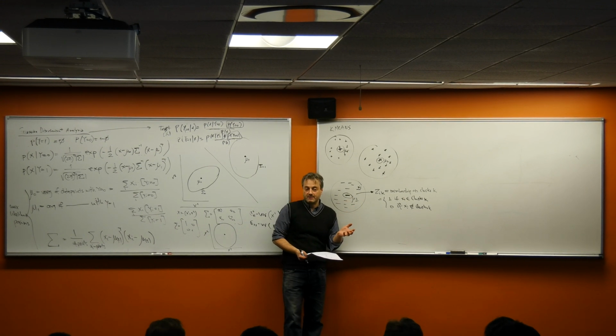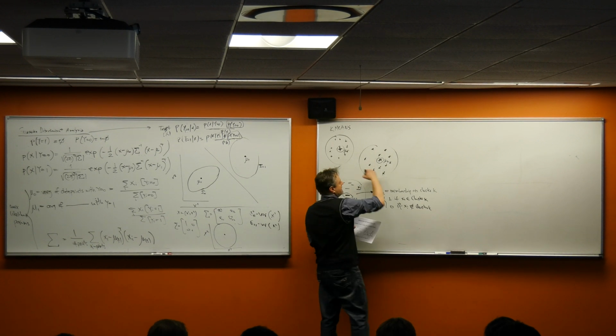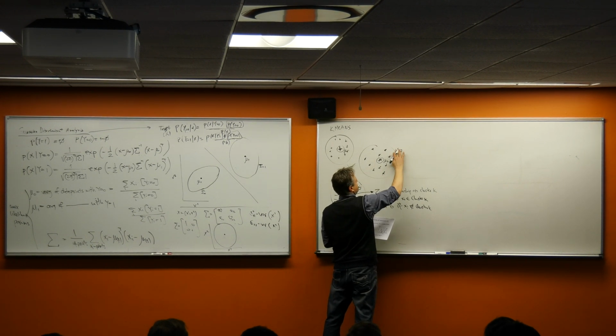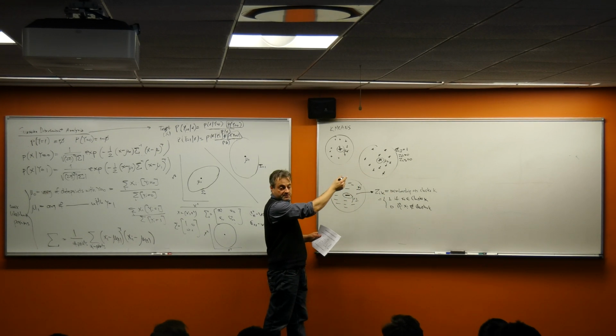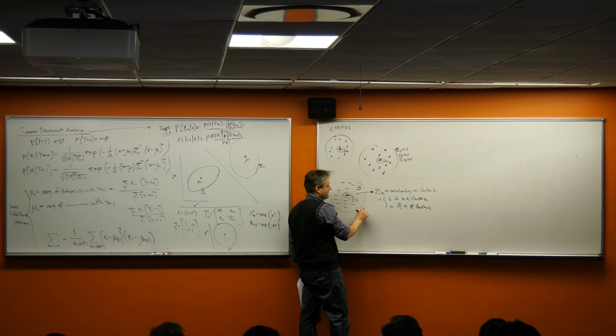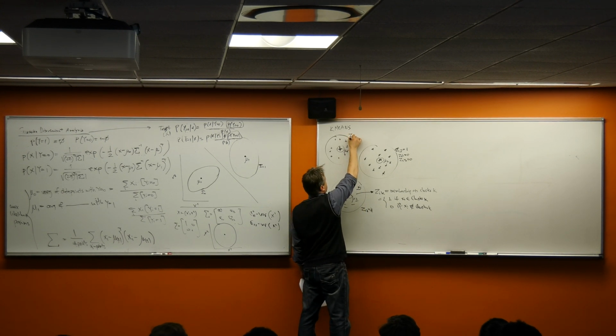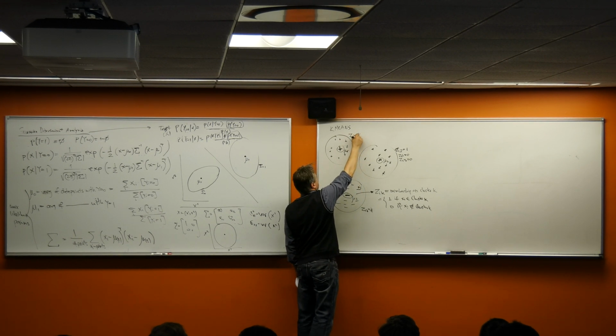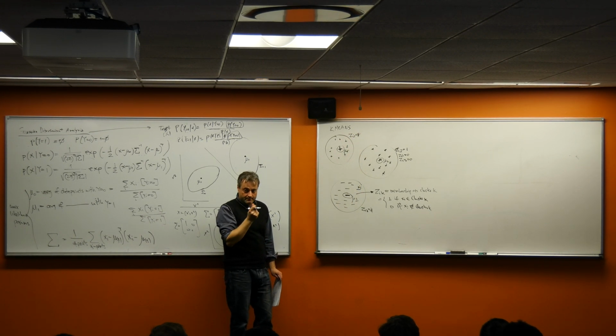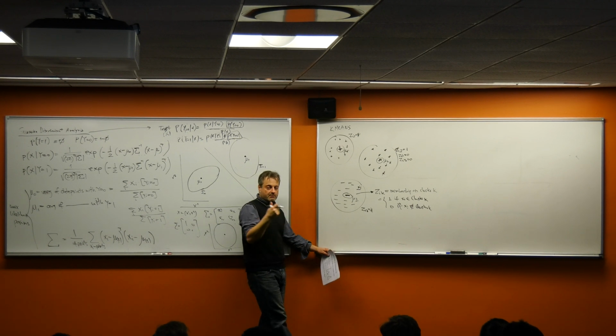Those are called membership variables. All these xi here will have zi2 equal 1, zi1 equals 0, zi3 equals 0, because all these belong to the second cluster. Everybody here is going to have zi3 equal 1, and everybody here is going to have zi1 equal 1. So zik is the membership of data point i in cluster k. It's 1 only for the k that the point belongs to, and 0 for the rest.